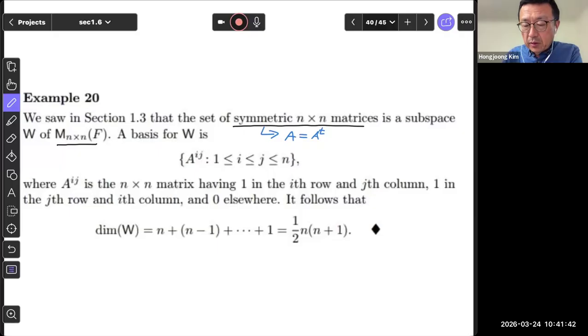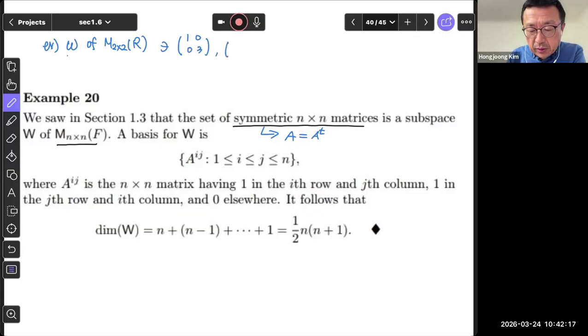Before we consider this, let us consider some simple situation. How about W of M sub 2 by 2 case with real scalar field? So if I consider, say, 1 0 0 3 is one example of a matrix in that space, or the identity matrix is also included, or even the zero matrix is included.